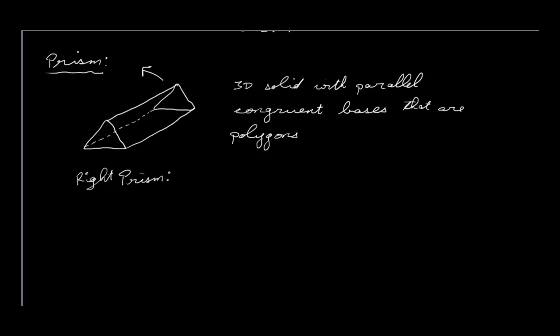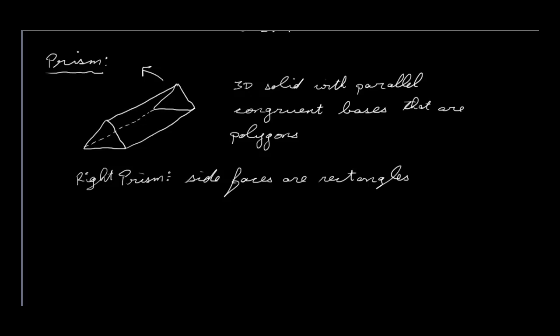Now a right prism is just simply the same. It's a prism obviously, but its side faces are rectangles. So you can see in this particular case, the side faces of this prism here are actually rectangles.